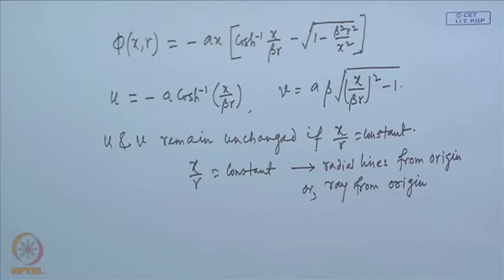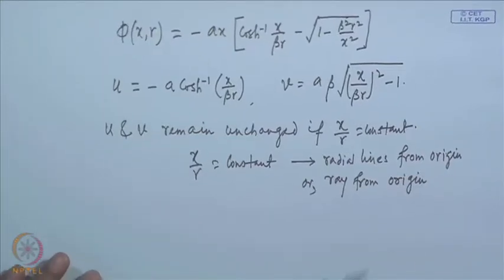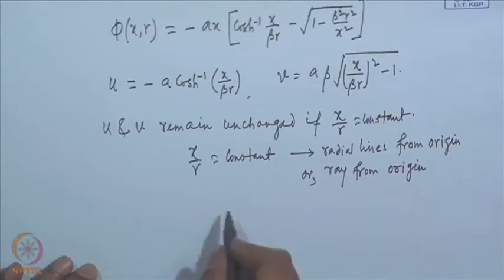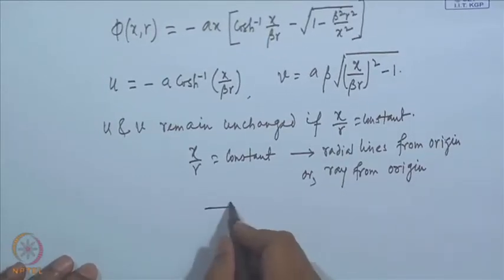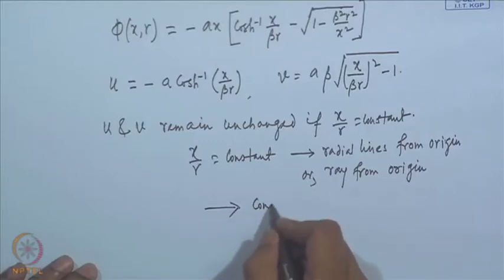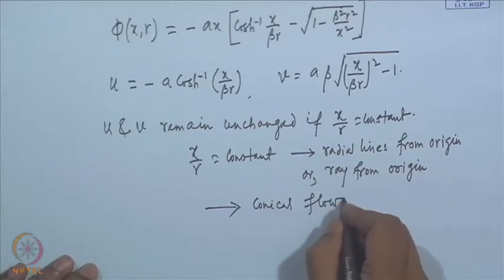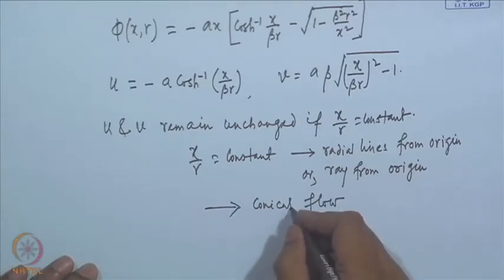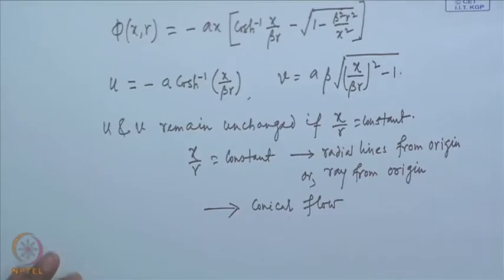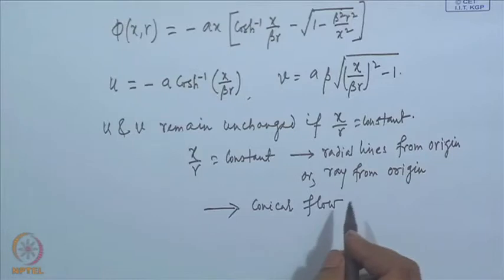It shows that along all these radial lines from the origin, the flow velocity remains unchanged, and hence this is a conical flow.